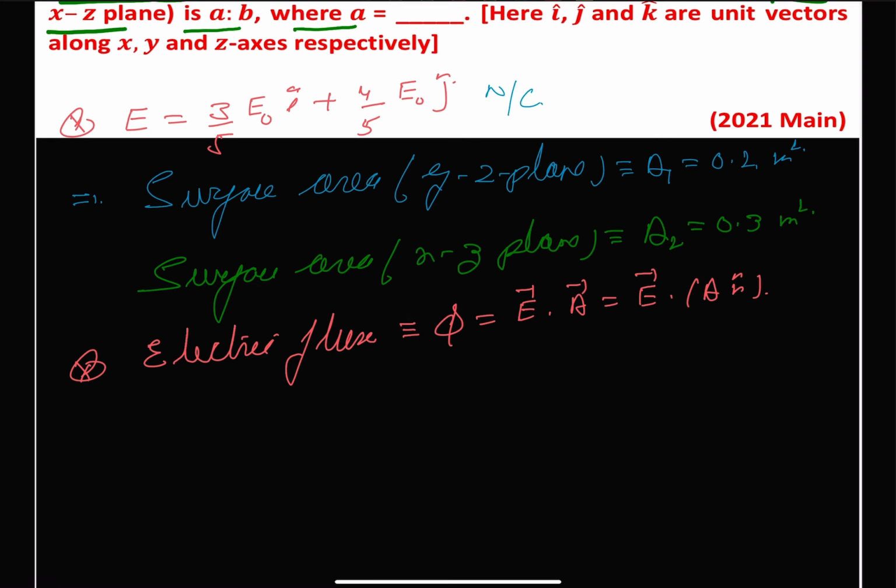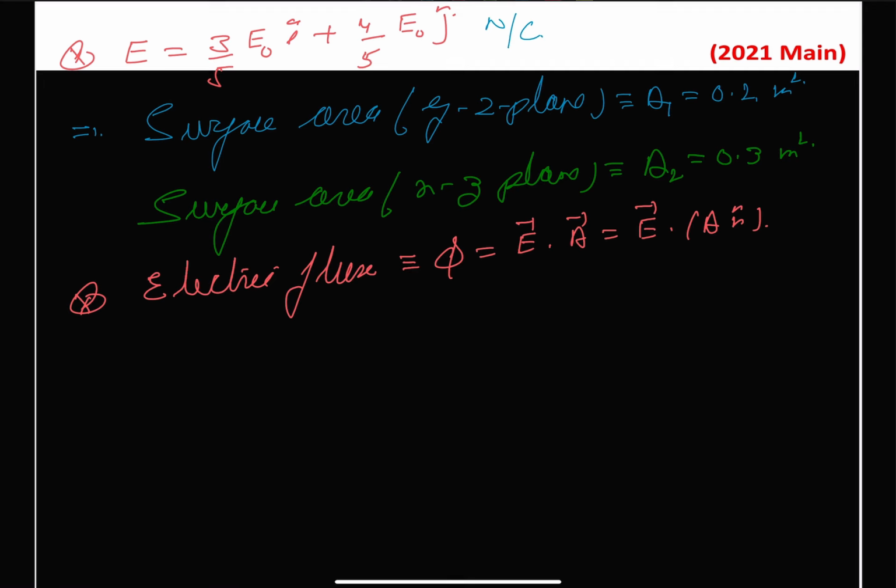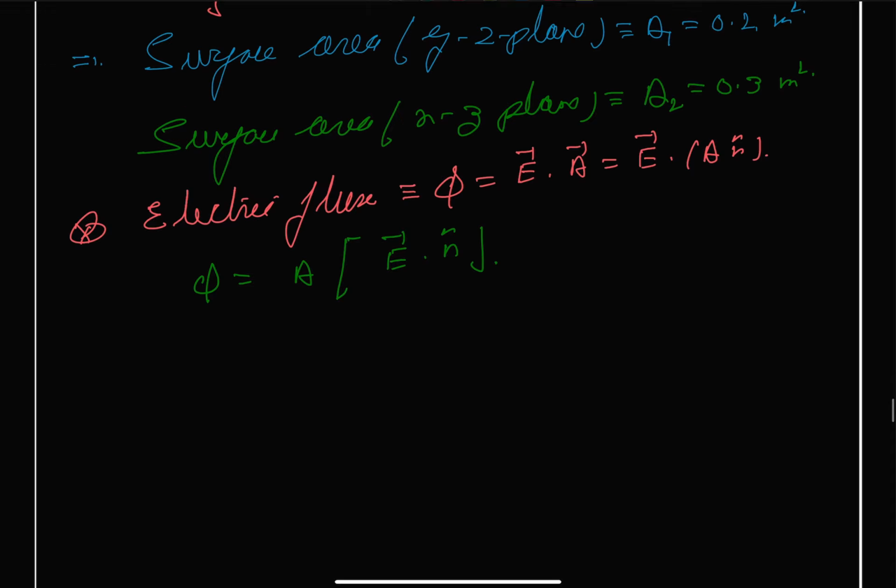Therefore we can write our flux phi will be equal to A, which we can take as common because it is now only magnitude, times the electric field dot product with the unit vector. We need to find out the value of this unit vector. Obviously we have two areas, so we can divide this unit vector into two parts.